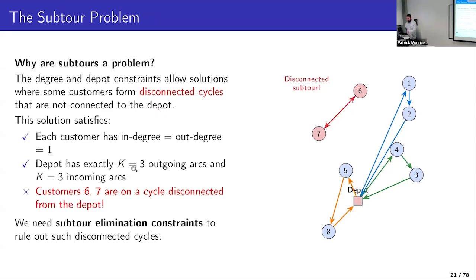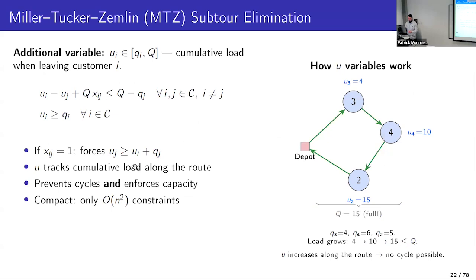But let's say that we don't want to implement the MTZ subtour elimination, because maybe in some other problems you would have an exponential number of constraints. Or one of the problems with this formulation is that the LP relaxation is not very good, so you have a better relaxation if you implement another formulation. So let's say that you don't want to implement those constraints.